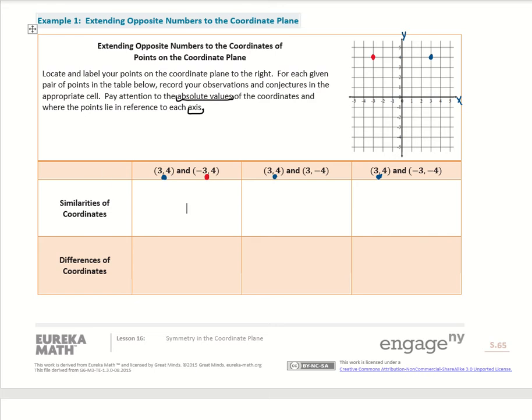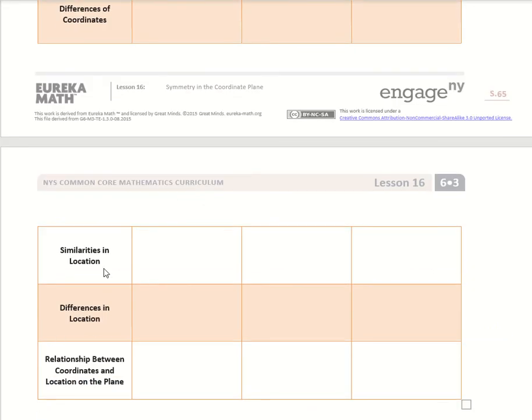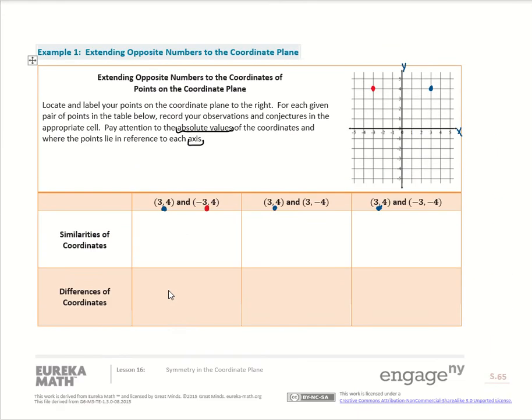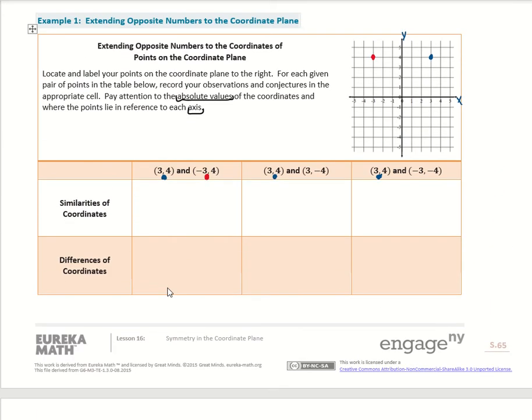This first section here is similarities of coordinates. Before we even get into talking about their location on the plane, we need to just talk about the points themselves, these ordered pairs. We're going to leave location down to what we have here. So, for the similarities of coordinates, I'm looking at my 2 coordinates, 3, 4, and -3, 4, and I'm thinking, well, what's similar about these?